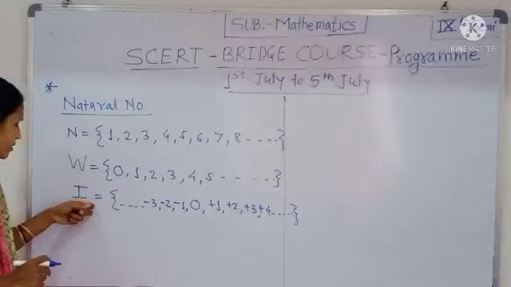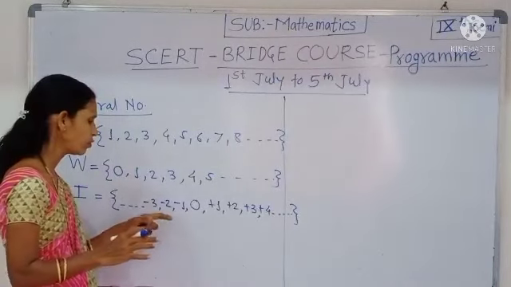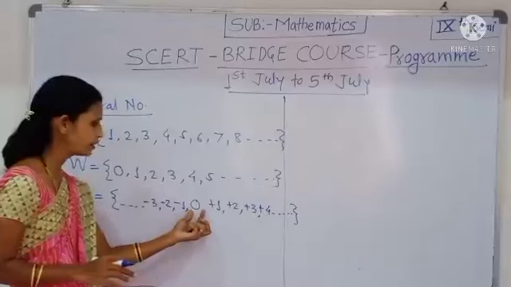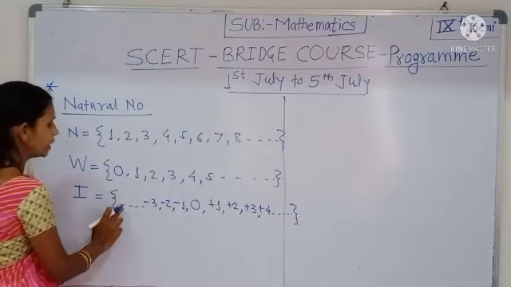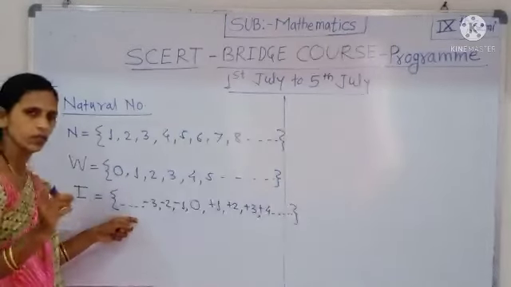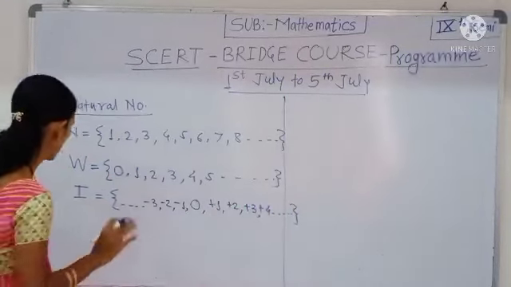That means an integer set is the set of all negative numbers, all positive numbers and 0. And here we can't determine the lowest integer or the biggest integer.